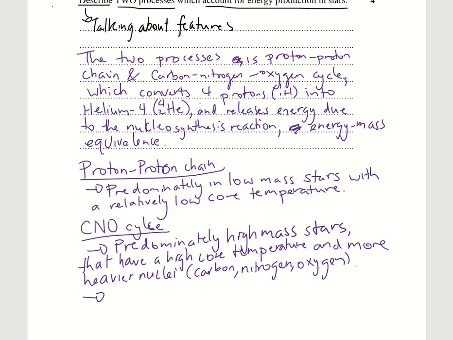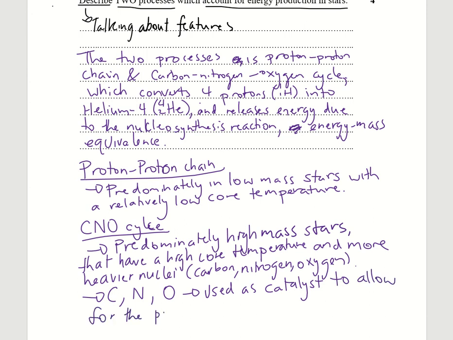So carbon, nitrogen, and oxygen are used as catalysts to allow for the production of energy and helium-4. The proton chain doesn't really do that.